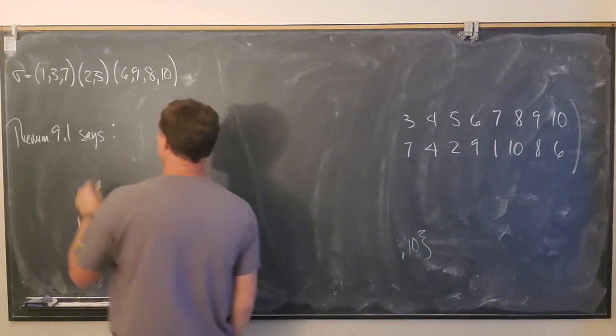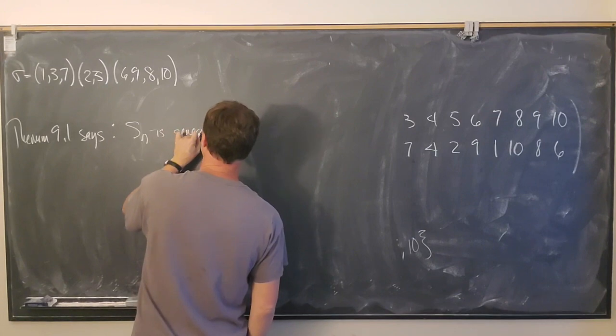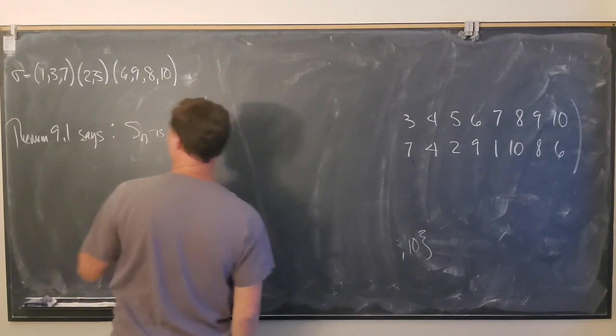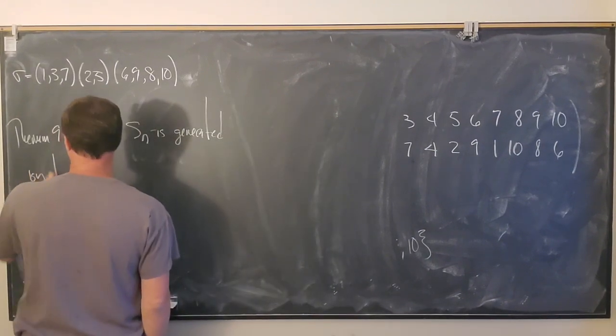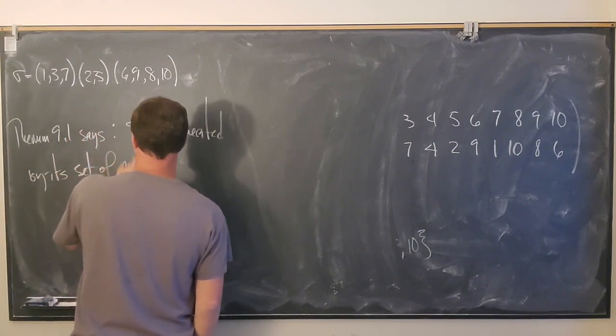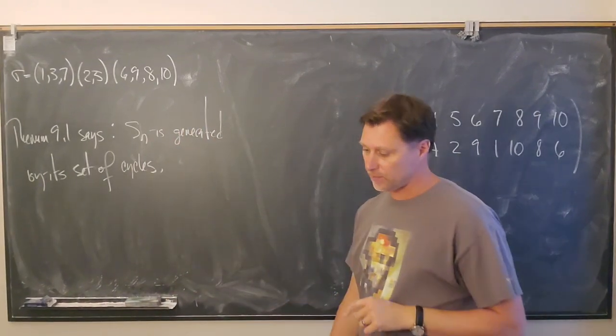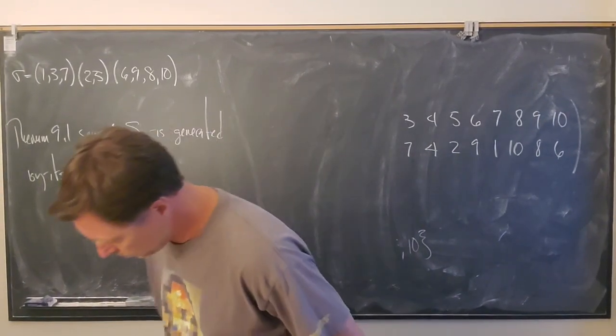And so it says that S sub n is generated by its set of cycles, right? So the set of cycles generates all of Sn, constitutes a generating set.